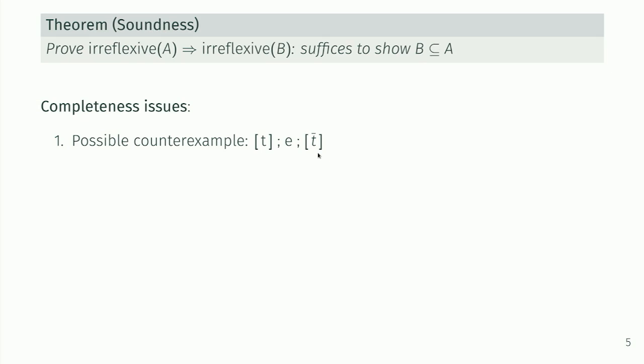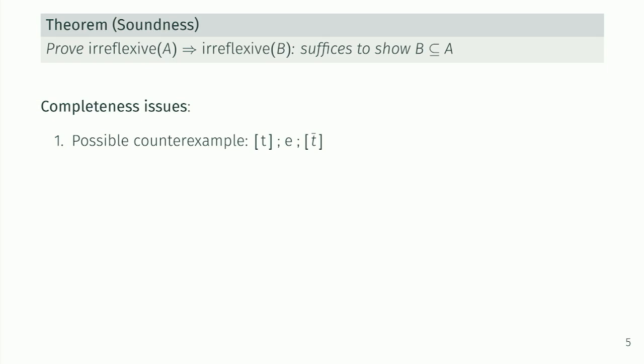If I interpret this example on an execution graph, this basically says that I have some event for which some predicate T holds, then I can do some E path, and then because this should be an irreflexivity violation, for the same event, the complement of T holds, which cannot happen.